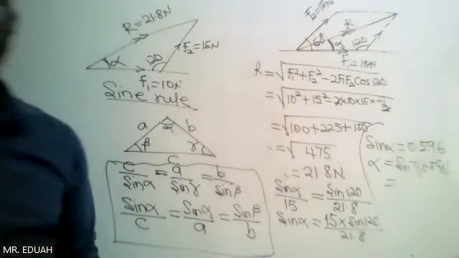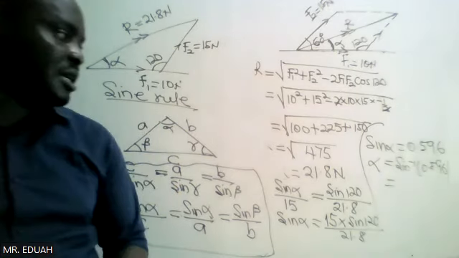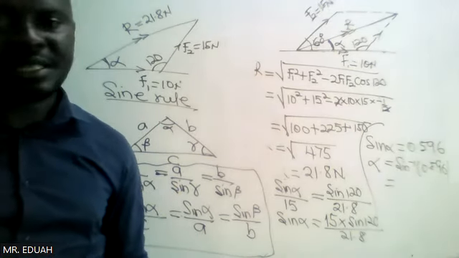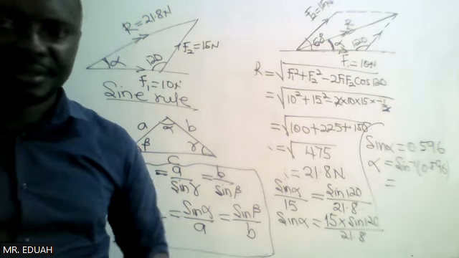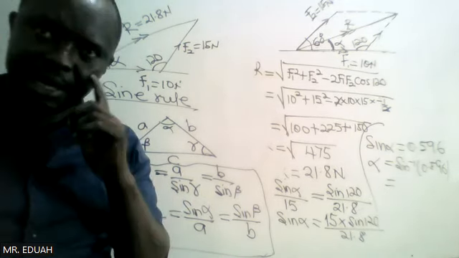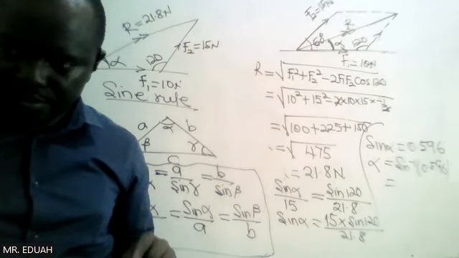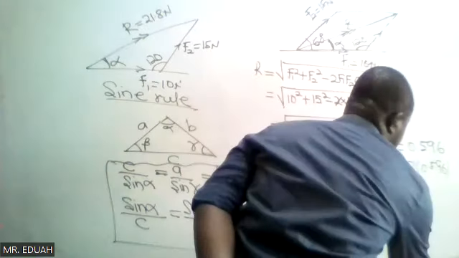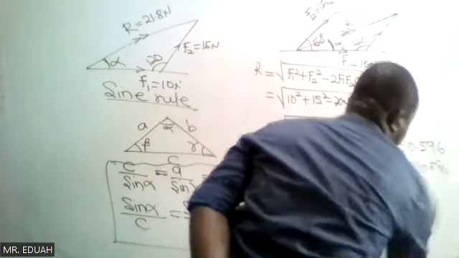What is the sine inverse of 0.596? 36.6 degrees. Yes, 36.6, so approximately 37 degrees.